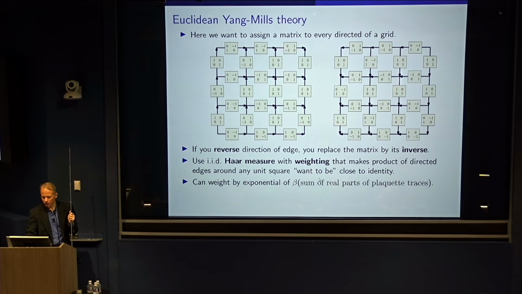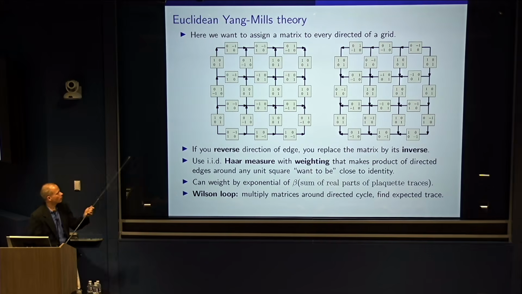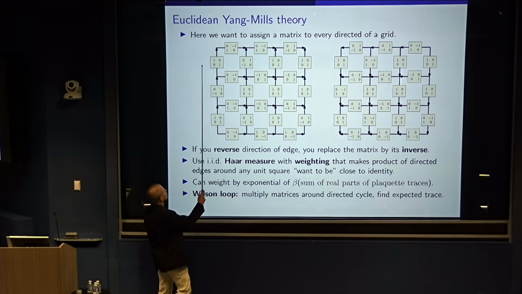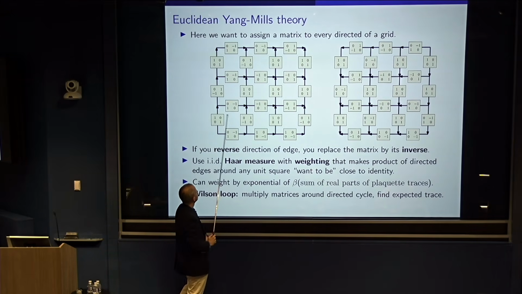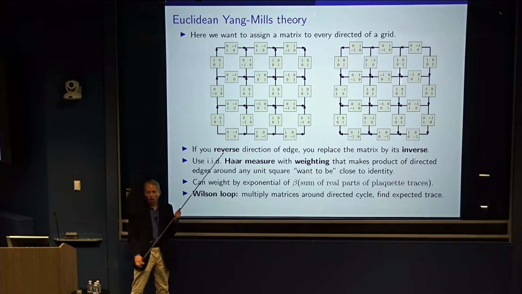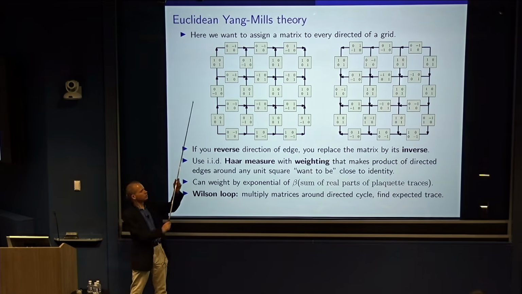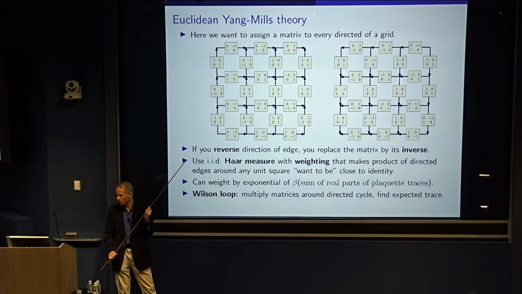And so I can weight by, for example, the exponential of beta times the sum of the real parts of the plaquette traces for all these plaquettes. And now I can ask questions like, if I take a large loop, what's the expected product of the matrices around all of that large loop?